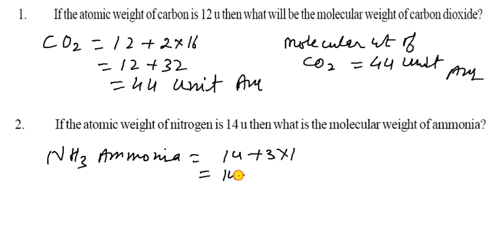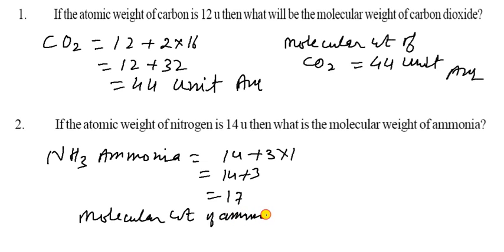So 14 plus 3 will be 17. So the molecular weight of ammonia is 17 units. That is the answer.